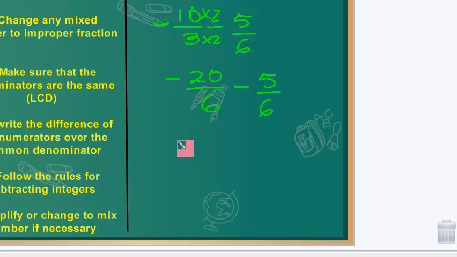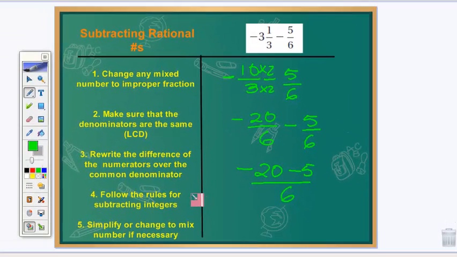So this will be negative 20 minus 5 over 6. And then we follow the rules for subtracting integers, which is the same as adding integers. These have the same sign, so we add them. Negative 20 minus 5 will be negative 25 over 6.